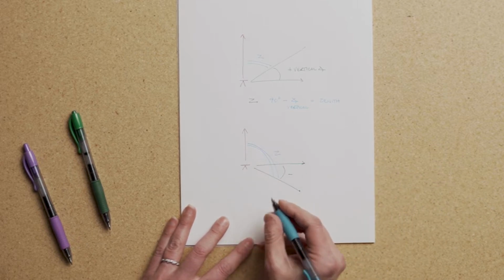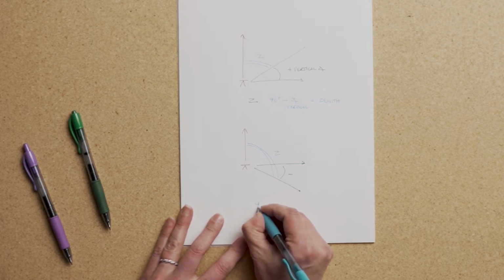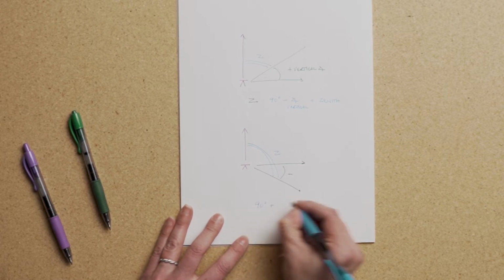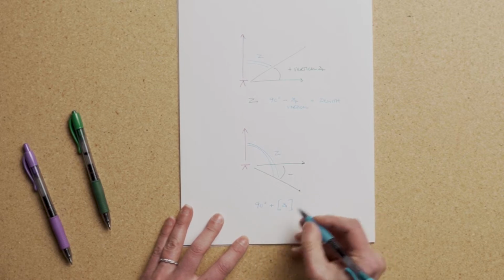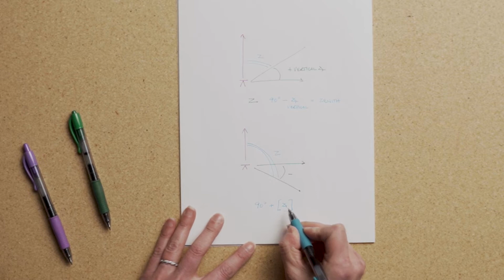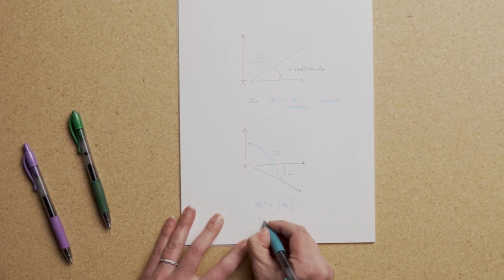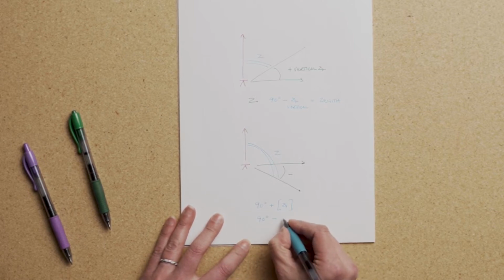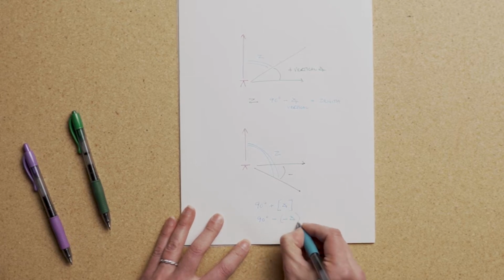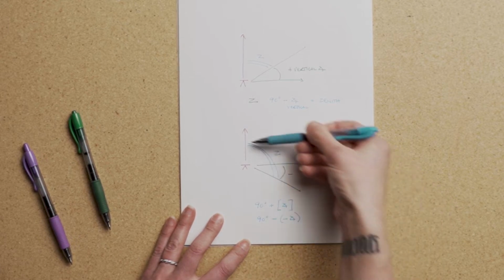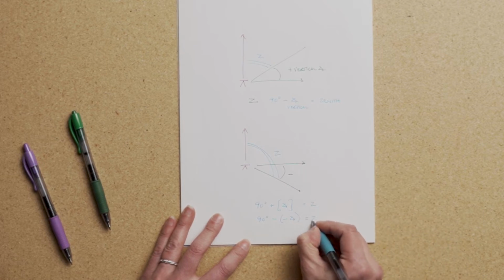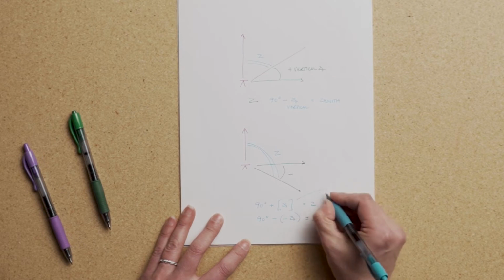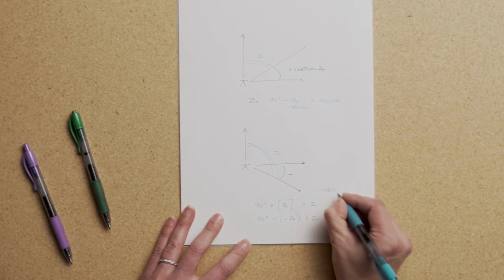So here, to find zenith, we would take 90 degrees plus the absolute value of that angle. Now this is important because this will be a negative angle. So another way of looking at it, it's 90 degrees minus a negative angle. Either way, it will need to be larger than what that angle is, and that is what will give us our zenith angle. So again, we need the absolute value of that vertical angle.